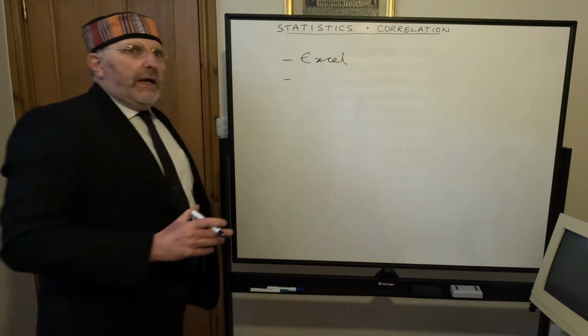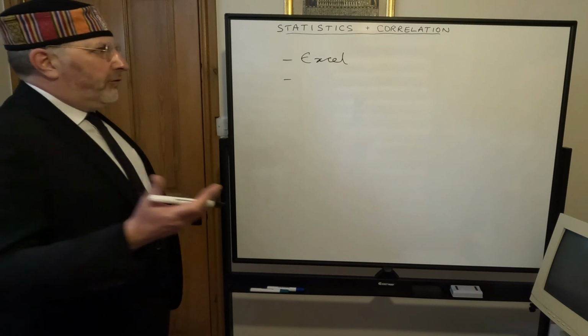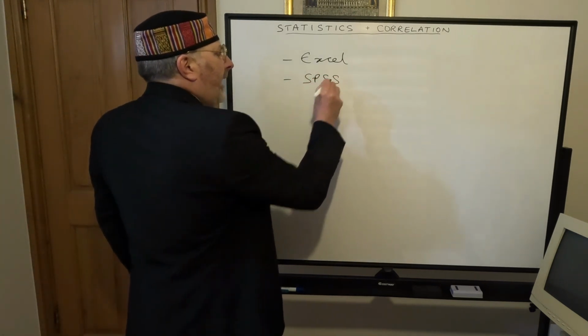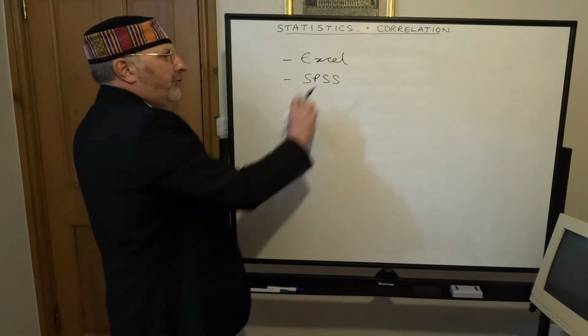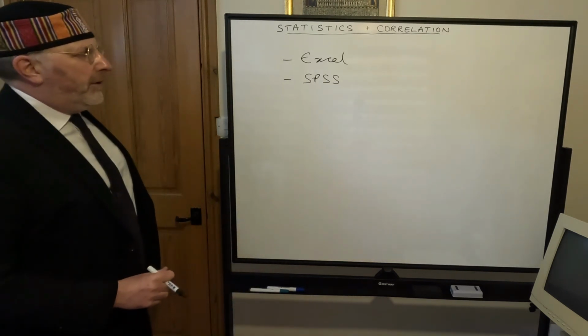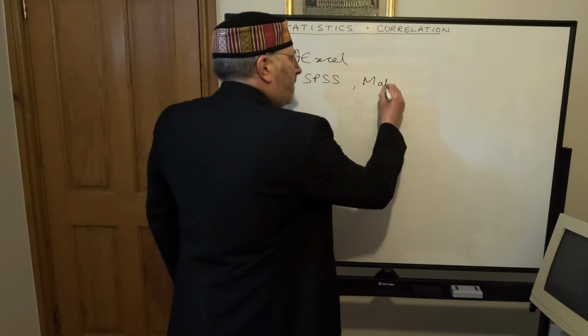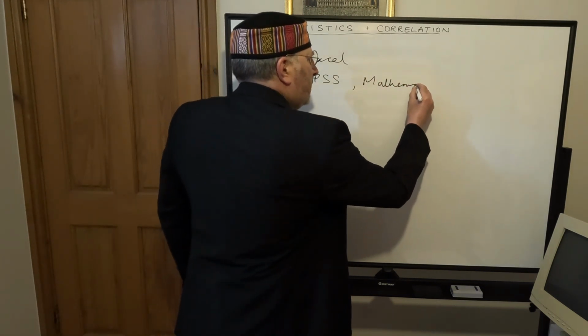Another option, though, is specialist statistical software. So, for example, there's something called SPSS, Statistical Package for the Social Sciences. I think that's what it stands for. And also something like Wolfram Mathematica.